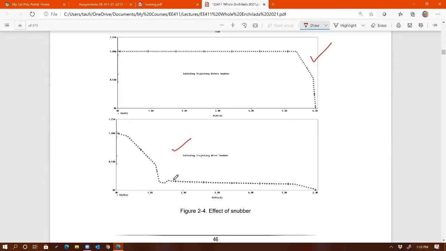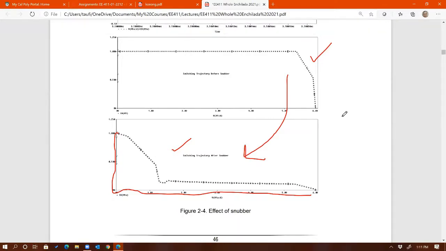Nice, isn't it? You want to achieve a switching trajectory that is close to ideal. Ideal means it follows the axis, like this. So the closer the switching trajectory is to the axis, the better. This is what the snubber circuit does: it reshapes the switching trajectory.